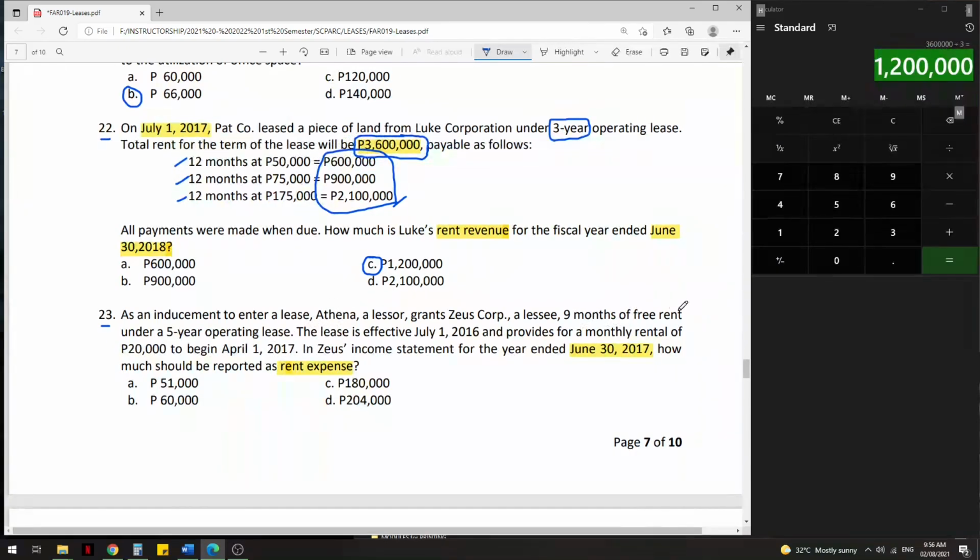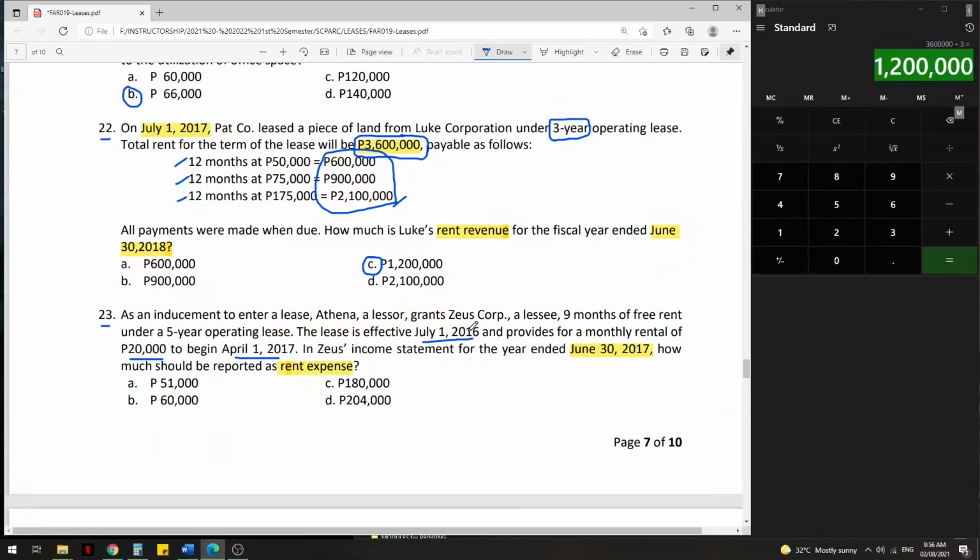The first 9 months, wala daw babayaran. It's free of rent. The lease is effective July 1, 2016 and provides for a monthly rental of 20,000 to begin April 1, 2017. So, July 1, 2016, April magsisimula yung rental payments.